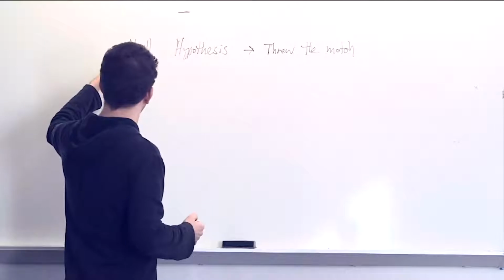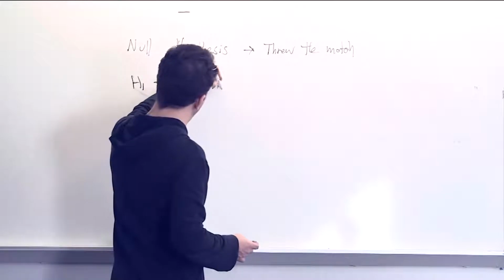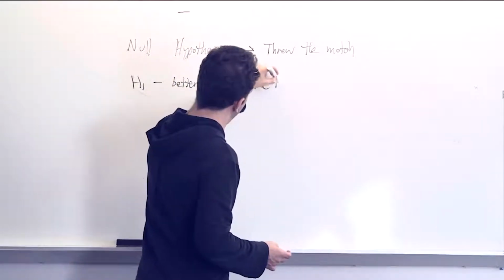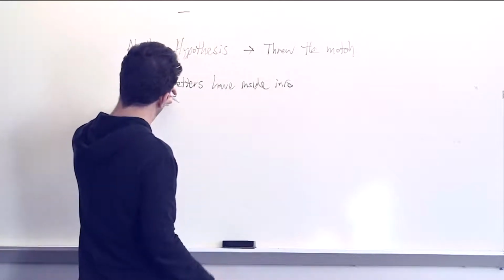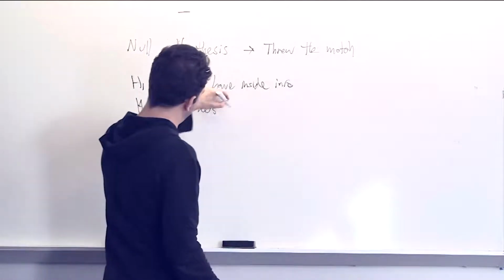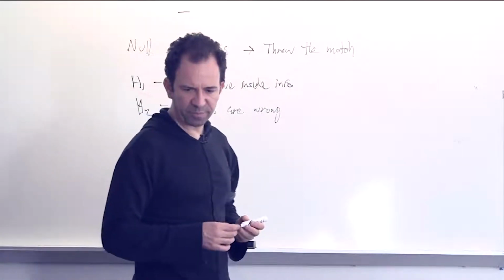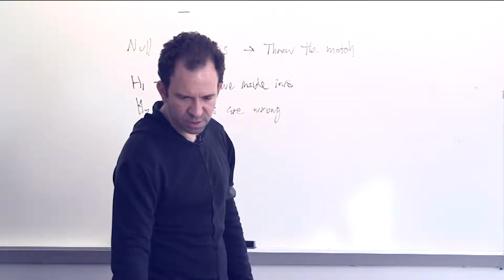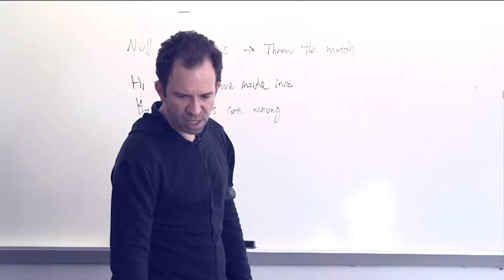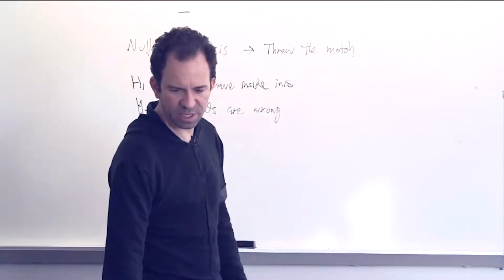The alternate hypotheses are things like H1, bettors have inside information. H2, the betting markets are wrong. The example it gives there is maybe there's a recent injury that the bookie doesn't take into account, for example. That's what he's saying there.